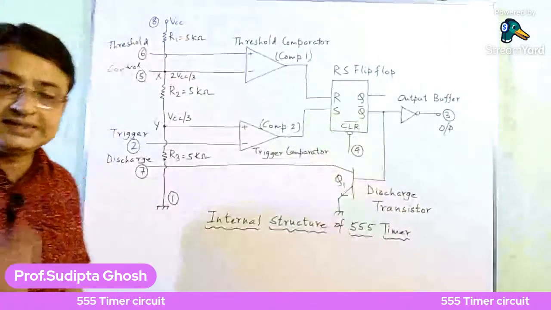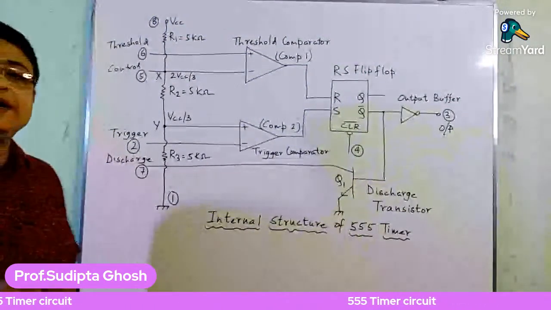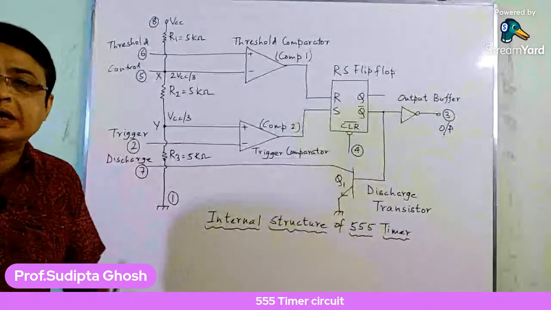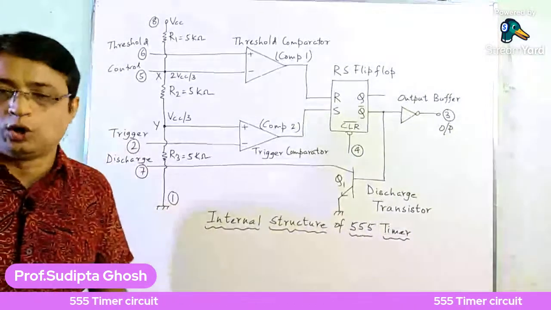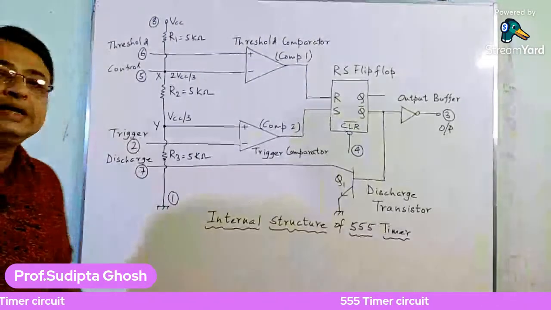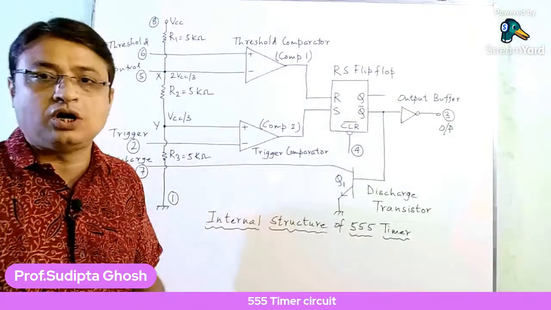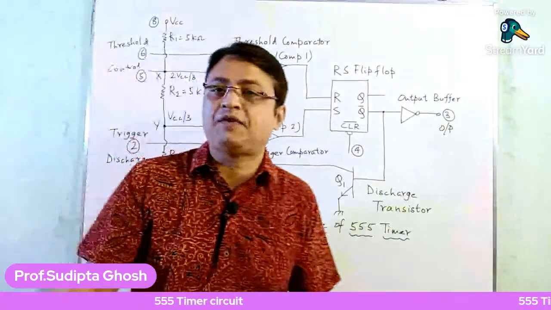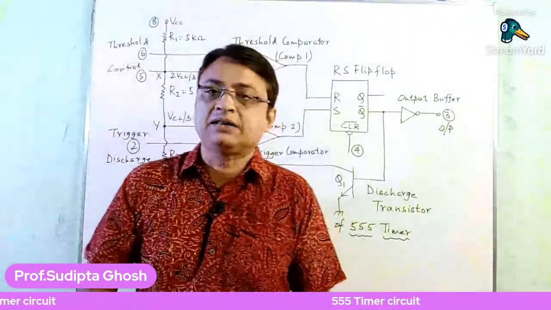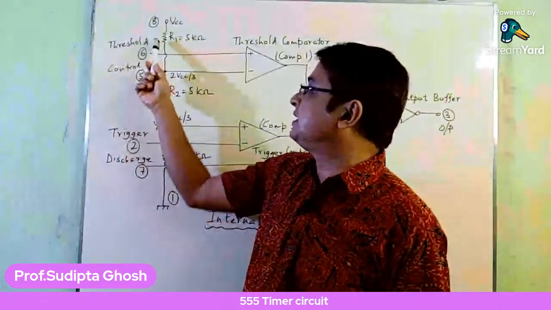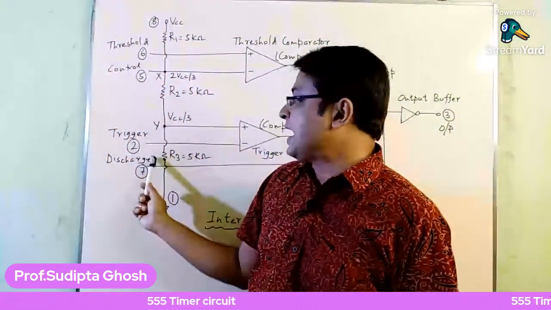You can see that these 3 resistors are of equal values, about 5 kilo ohm. So that's why this IC is called a 555 timer. Here are the resistors R1, R2 and R3.